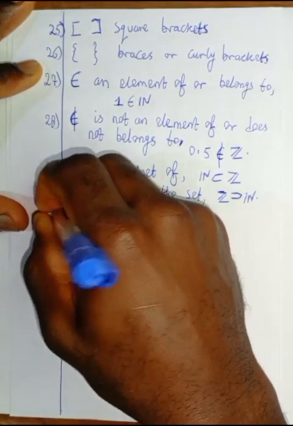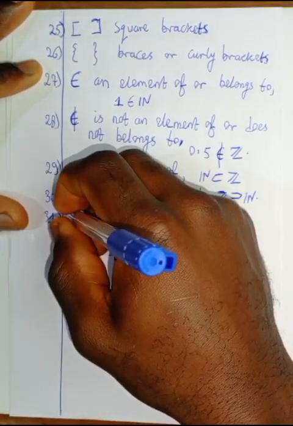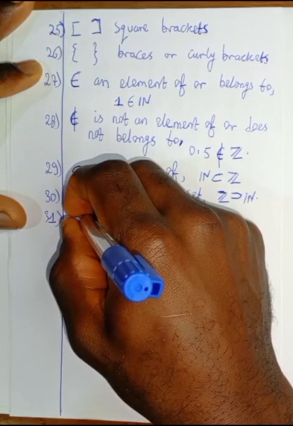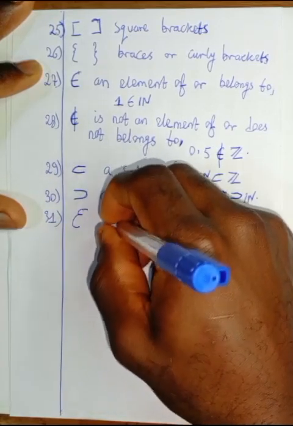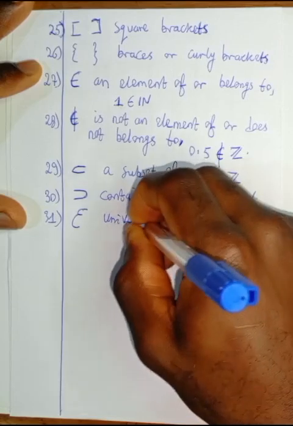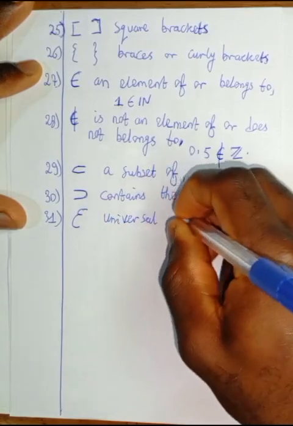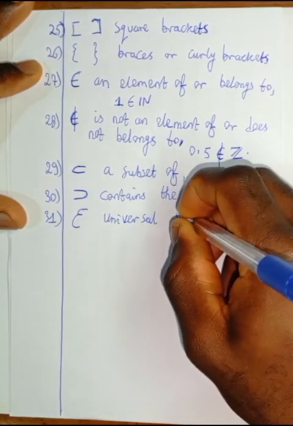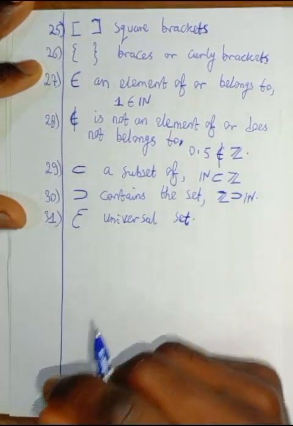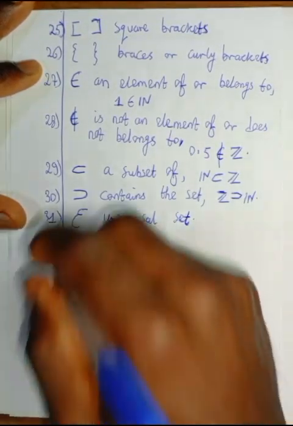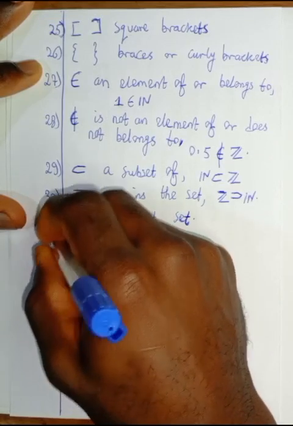We go to 31. We have this other symbol which is mostly used to denote the universal set. That means a set that contains all the other sets. We go to 32.